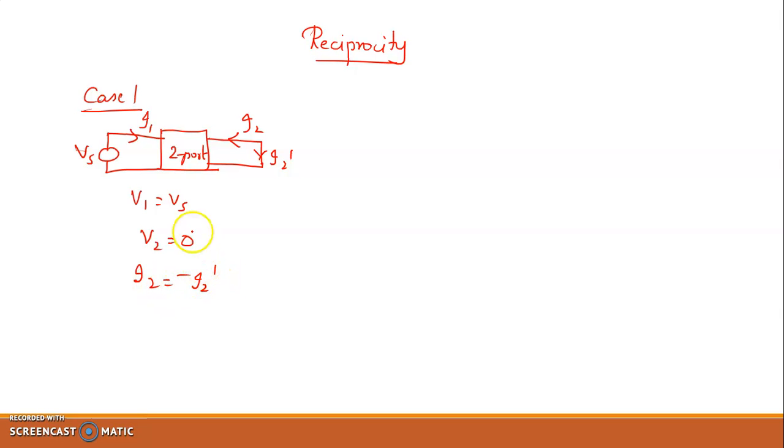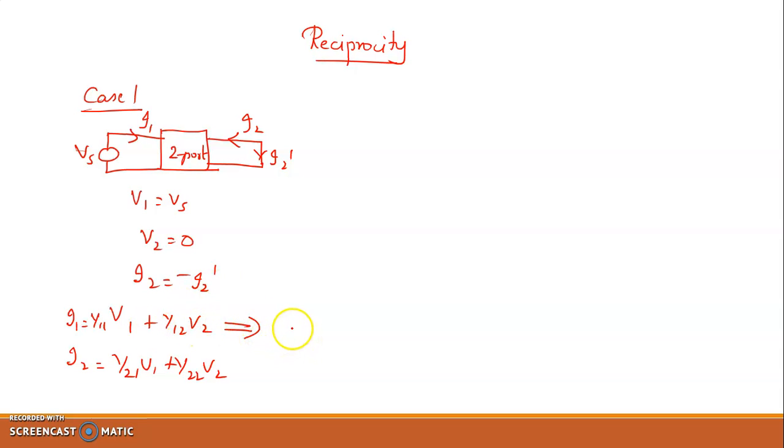If we substitute these in my equations, I have I1 is equal to Y11 V1 plus Y12 V2, and I2 is equal to Y21 V1 plus Y22 V2. I1 is not actually given, but minus I2 dash is there.